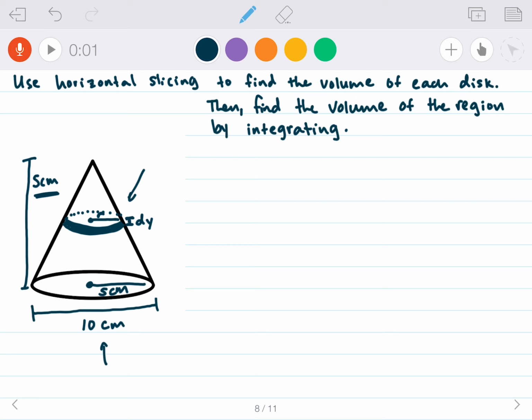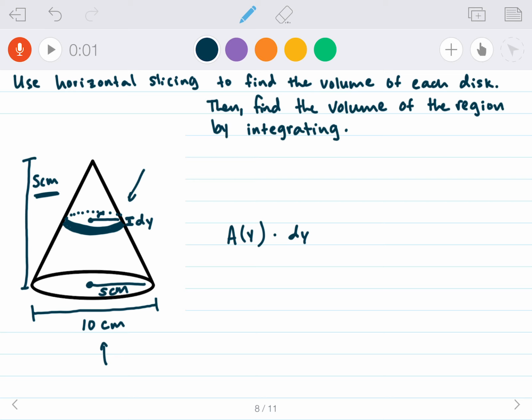Well, it has a thickness of dy, and we want to multiply by the area of that circle, so the area of the base. I want it to be in terms of y, because my thickness is dy.